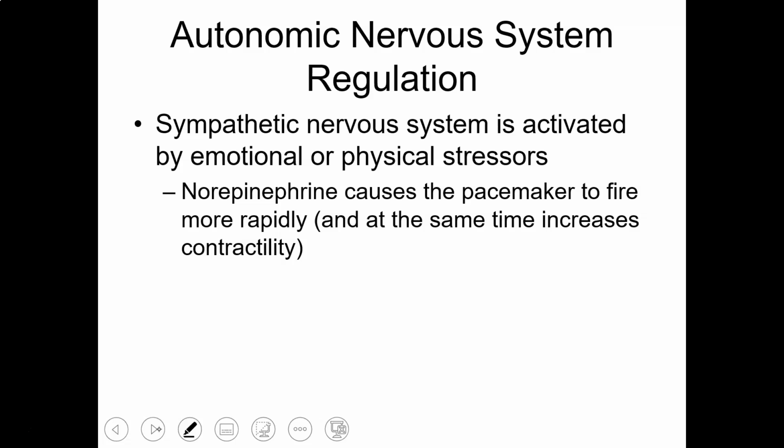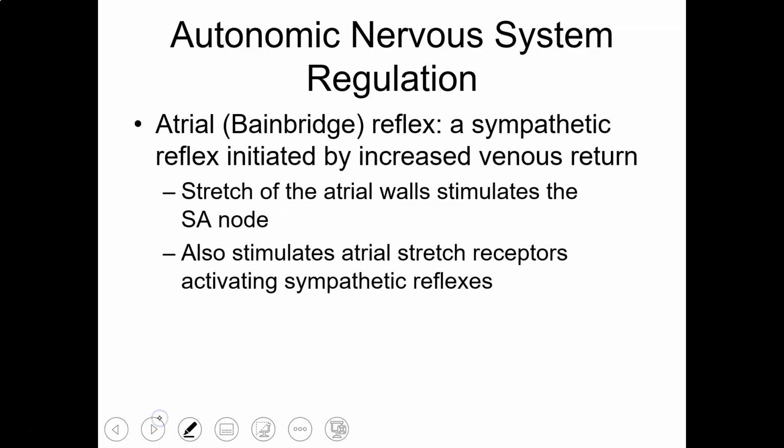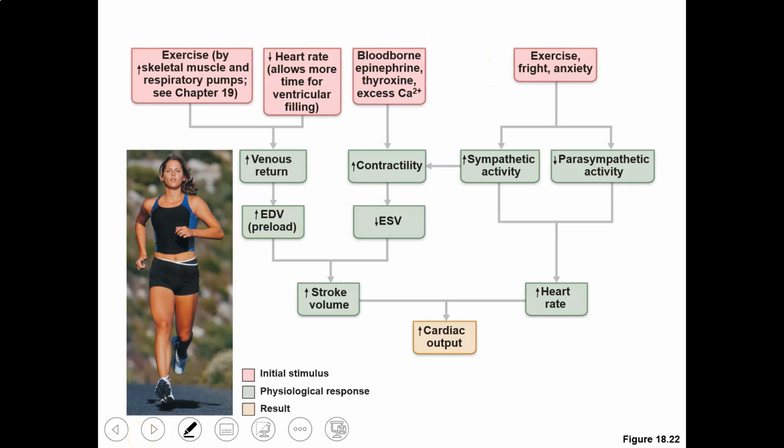The sympathetic nervous system plays a large part in this because it does increase cardiac output, makes your heart beat faster, it increases contractility. The parasympathetic nervous system works against that. It opens potassium channels, it slows down the heart, and makes the heart beat with less force. And we're not going to worry about this, so just ignore the Bainbridge reflex right now.